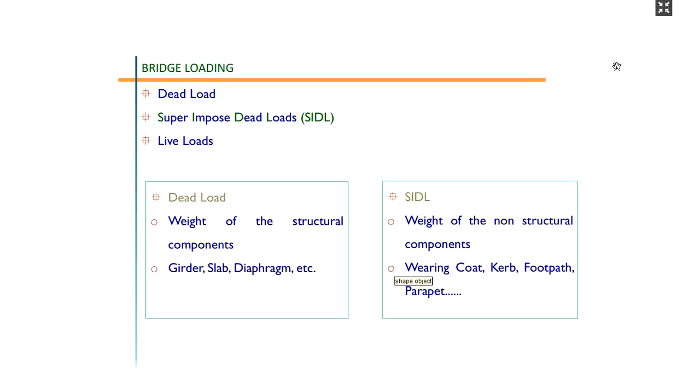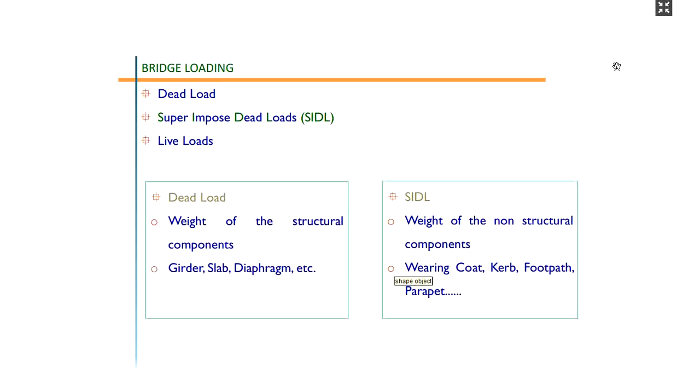Live load is something different in the case of the bridge, because in this case live load will be not only due to the movement of persons, but due to vehicular movement. And for vehicular movement, IRC 6 provides the provision. So IRC, Indian Roads Congress, provides the different provisions, and we are supposed to take care of those provisions.